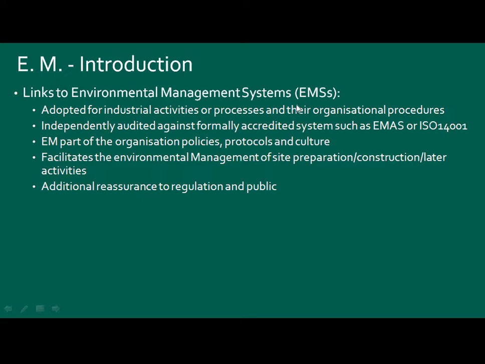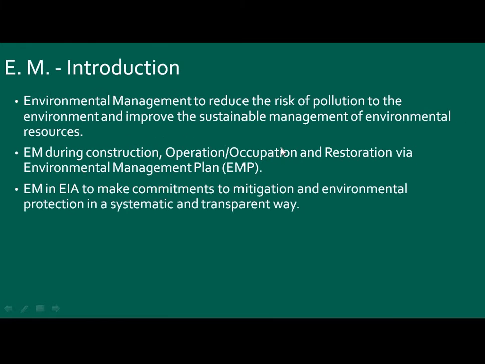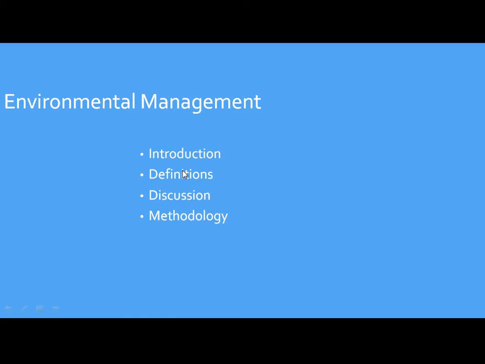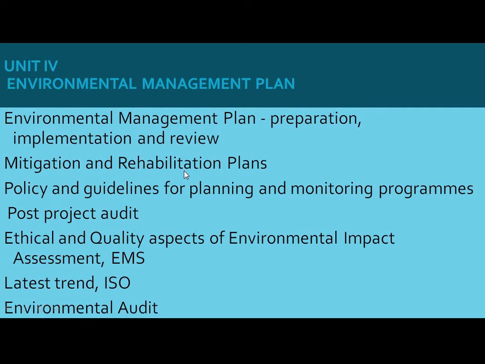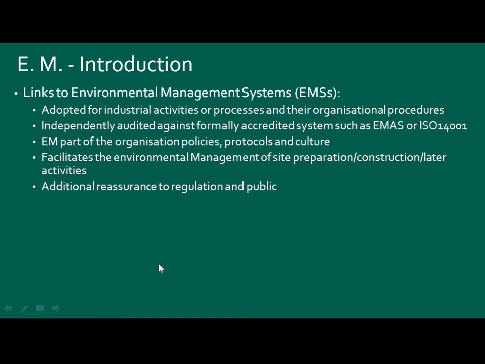So it links to environmental management systems, environmental schemes, EMS. Here we saw EMS, ethical quality aspects and environmental impact assessment in the environmental management system. What is an environmental management system? EM leads to EMS, adapted for industrial activities or processes and their organizational procedures.